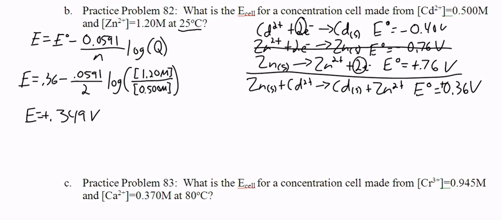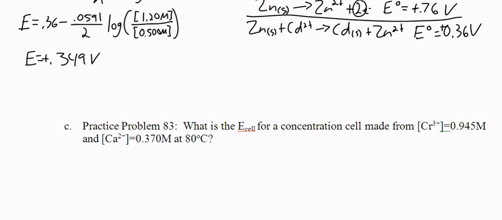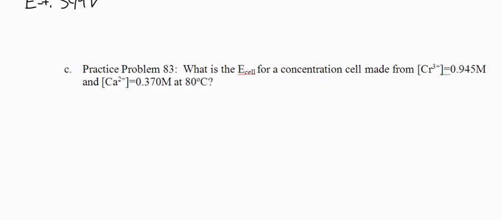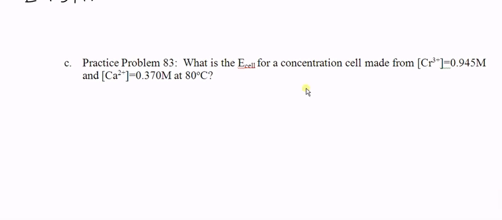So we've got another example problem that we can work right here. Same issues are going to persist. So we've got chromium 3 plus 3 electrons goes to chromium solid.